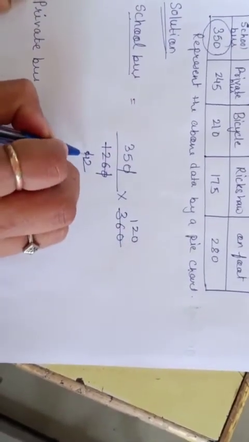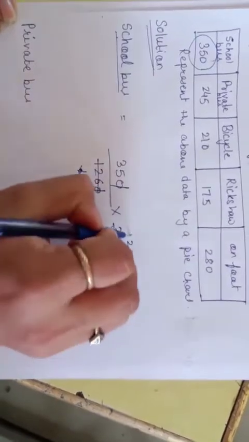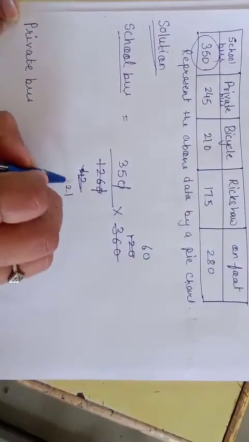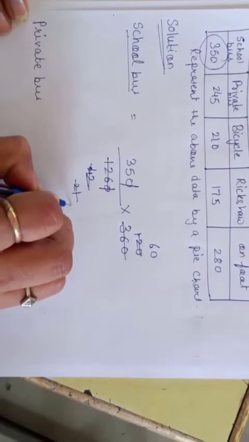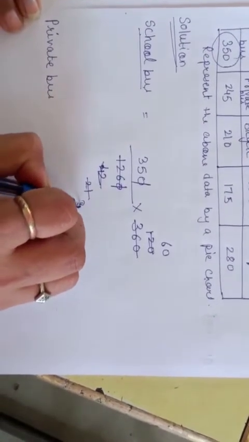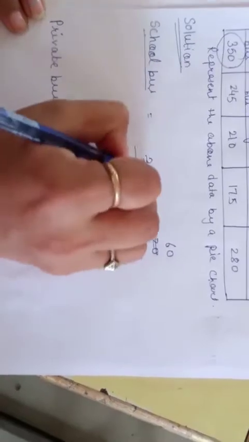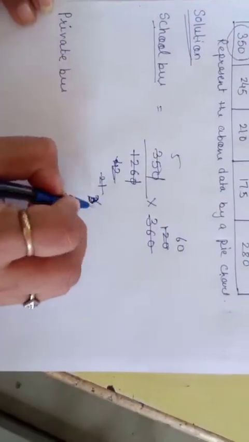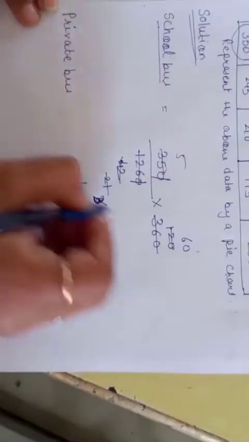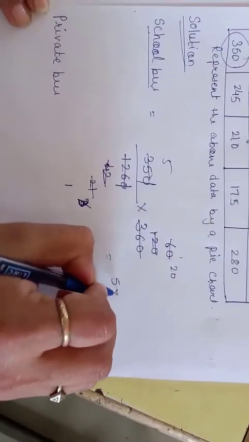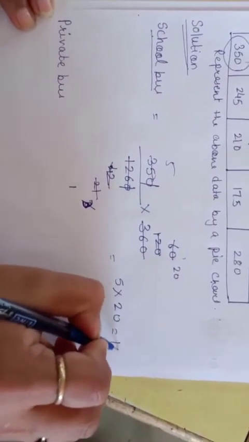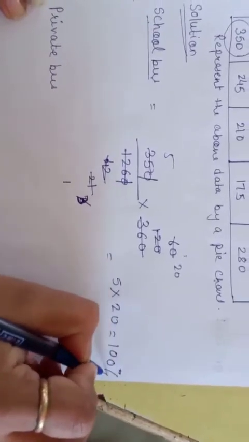Now we are doing it by 2. 21, 60. Now we are dividing it by 7. So this will be 3 and this will be 5. Now dividing, this will be 1 and this will be 20. So 5 into 20 is equal to 100. So 100 is the value of school bus.